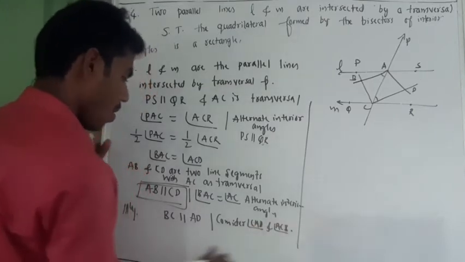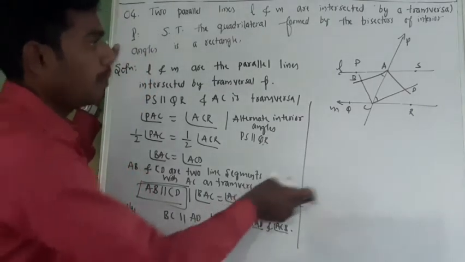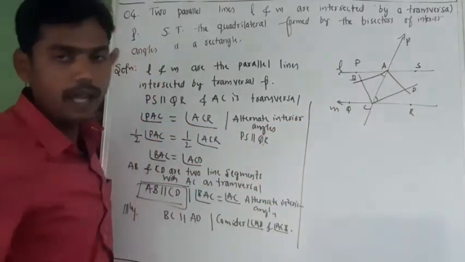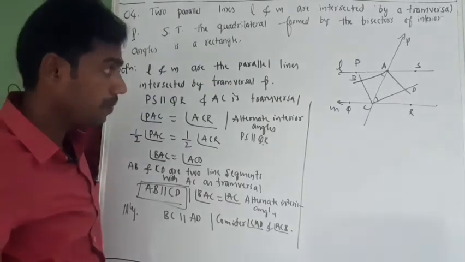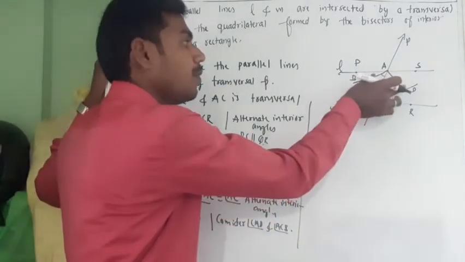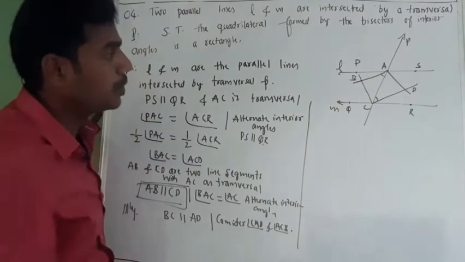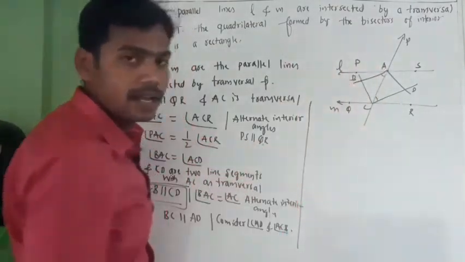Okay. Now, we proved AB is parallel to CD and BC is parallel to AD. Now, what I need to show? So first part is over. Second part I need to show is at least one of the angles is equal to 90 degrees.